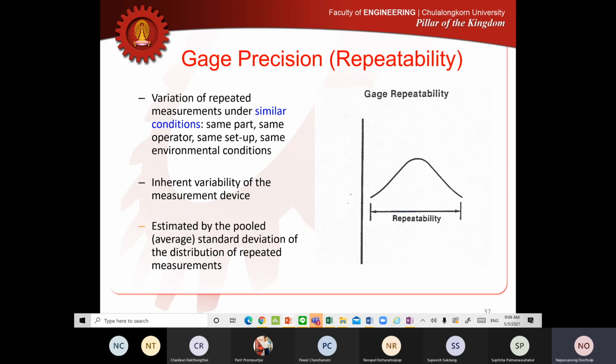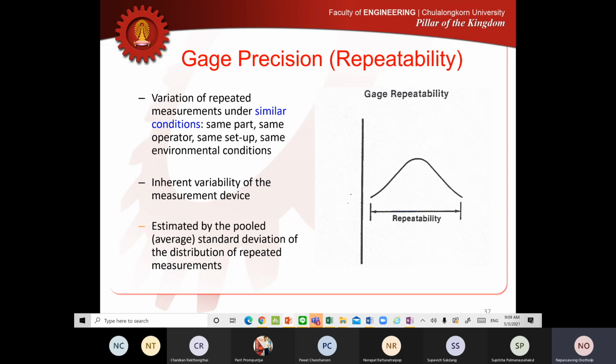What we expect is that the measurements should be exactly the same every time. But in reality, it is possible that several measurements give different results, which means there is a variation.